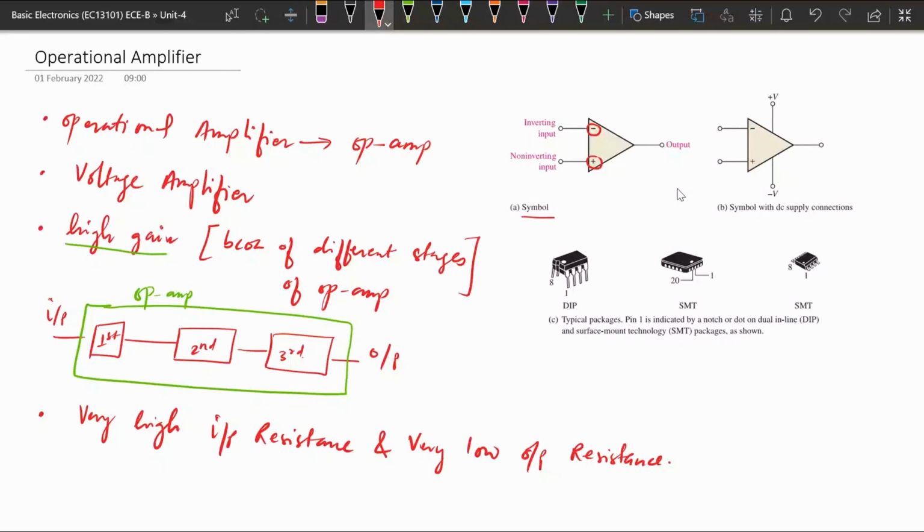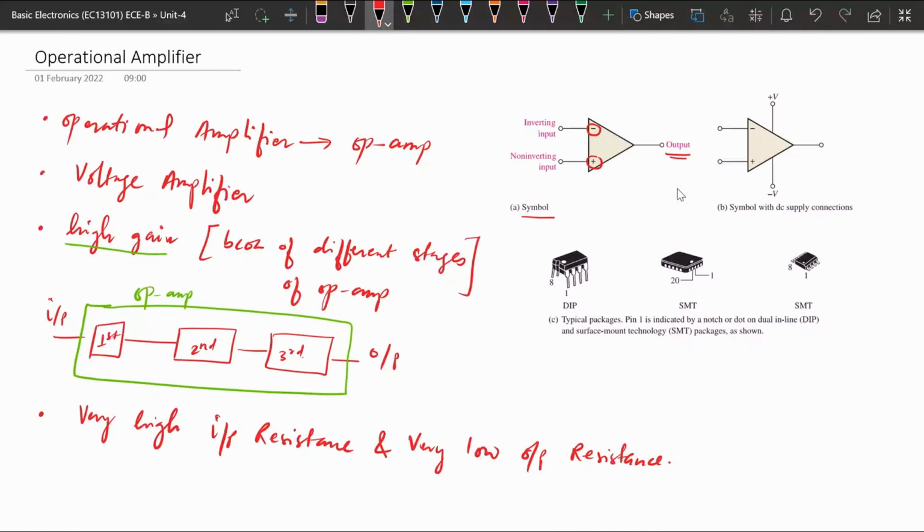As the name suggests, inverting means it will invert, and non-inverting means it is not going to invert the output. So there are two inputs, and with respect to them, one output is there. This is a simplified symbol.